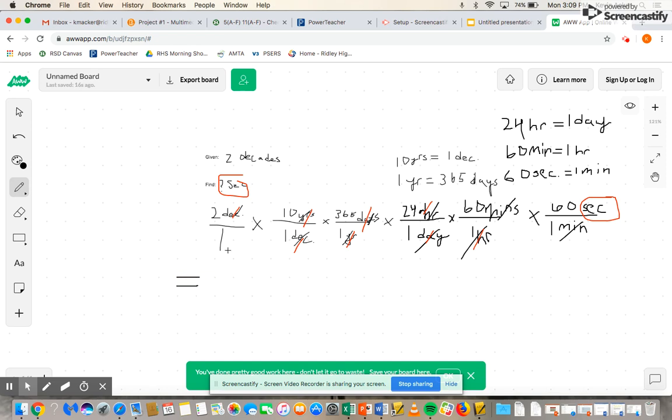So if you remember back to math class, all we need to do is multiply everything in the numerator and multiply everything in the denominator and then divide them from each other.